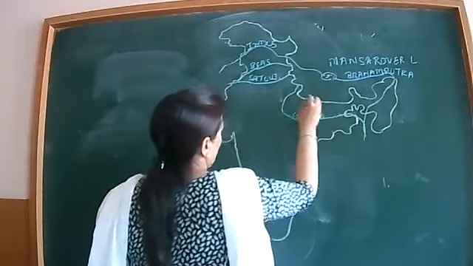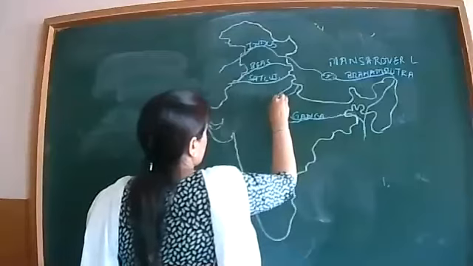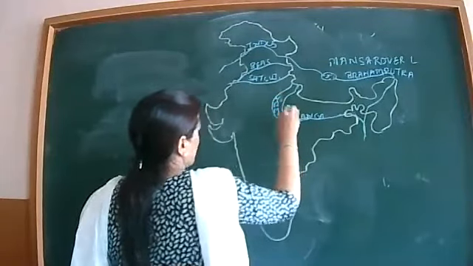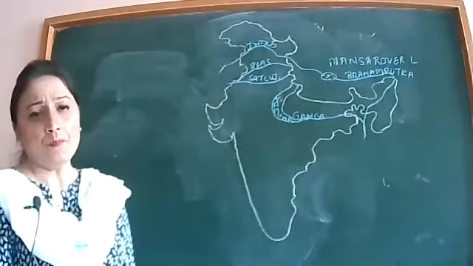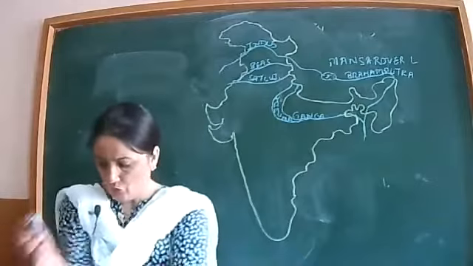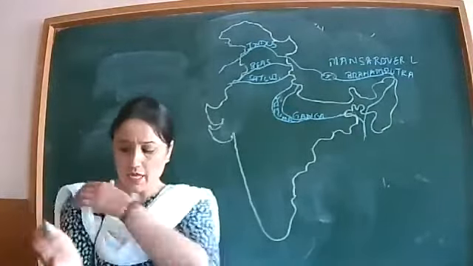The prominent tributary of river Ganga is river Yamuna. This is Yamuna. Ganga river has a number of tributaries. Some join Ganga river from north, some join from south.